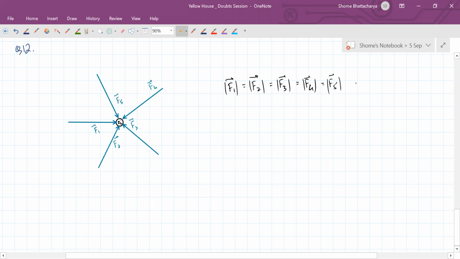So that is some F, let's say. And the other thing is that the angle between all pairs is equal. So this theta is the same for all of them. So theta, as you can see from the diagram, will become 360 divided by 5, or 72 degrees.